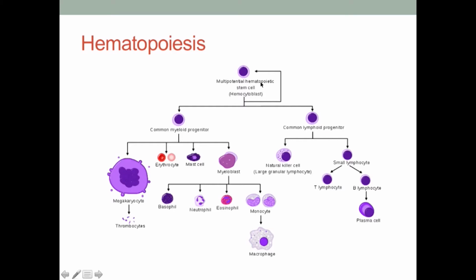So we wanted to have 2 cell types that were representative of each lineage. So we have a triad of cell types that we looked at: the stem and progenitor cells, then neutrophils, which are part of the myeloid lineage, and B lymphocytes, which are part of the lymphoid lineage.